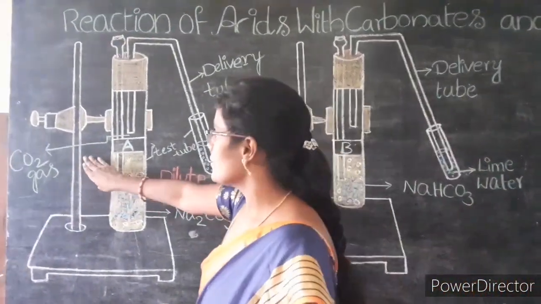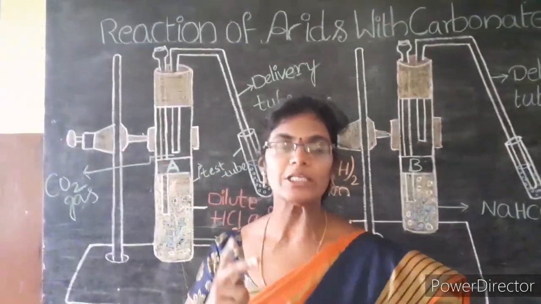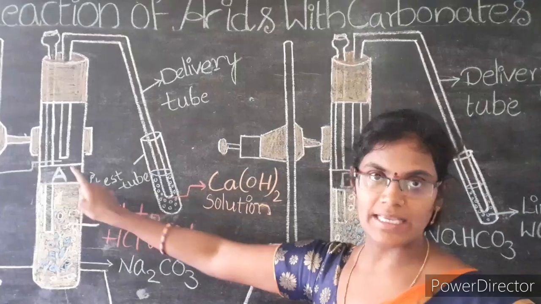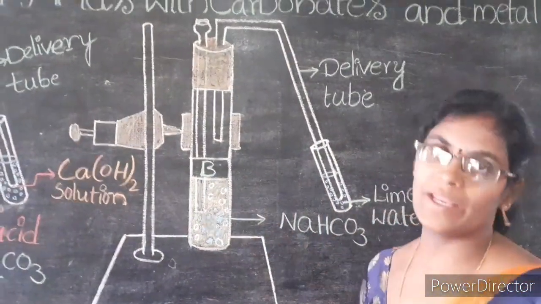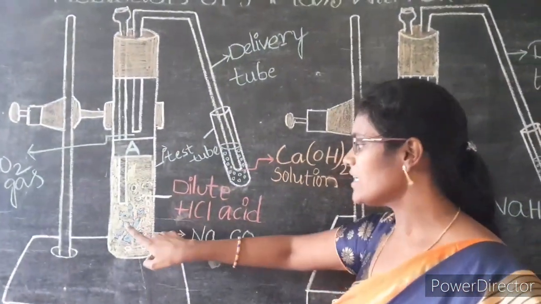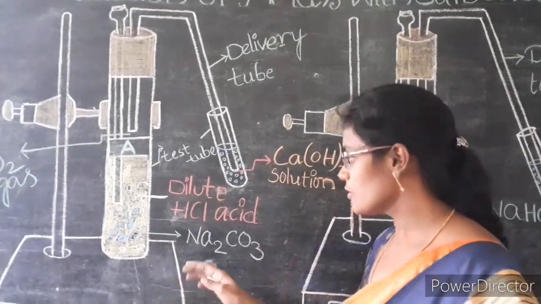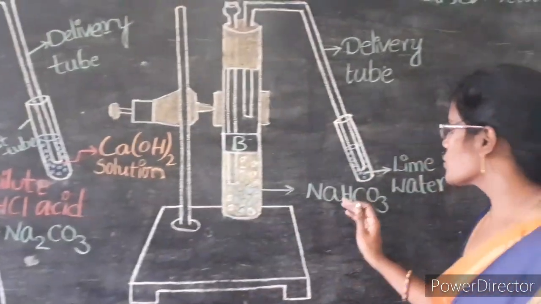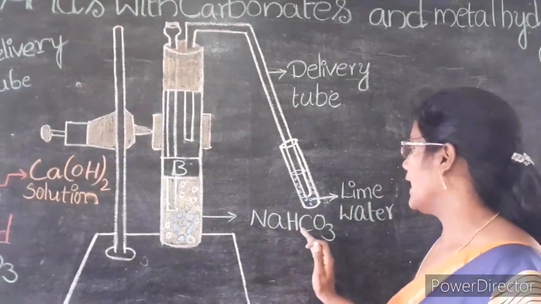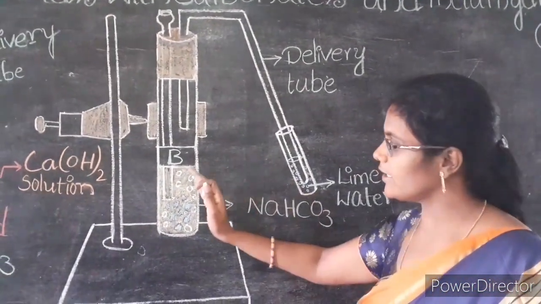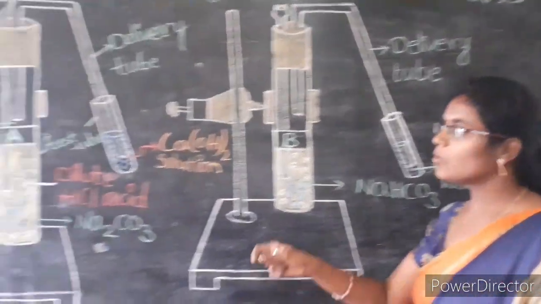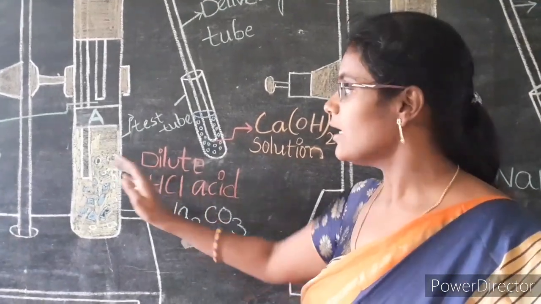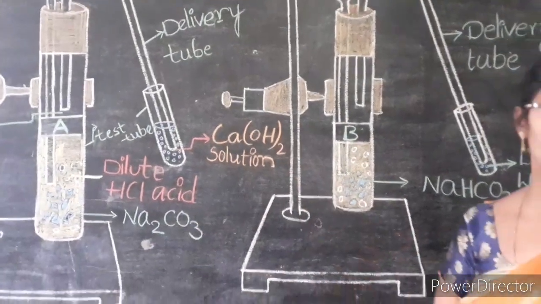Take 2 retort stands and clamp 2 test tubes to them, and label the first test tube as A and the second test tube as B. Place 0.5 grams of sodium carbonate into test tube A and 0.5 grams of sodium hydrogen carbonate in test tube B. Now add 2 ml of dilute hydrochloric acid into both the test tubes.